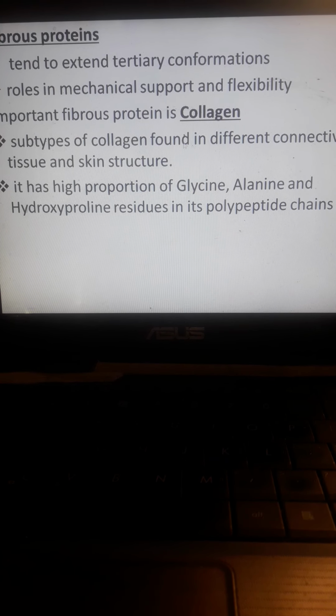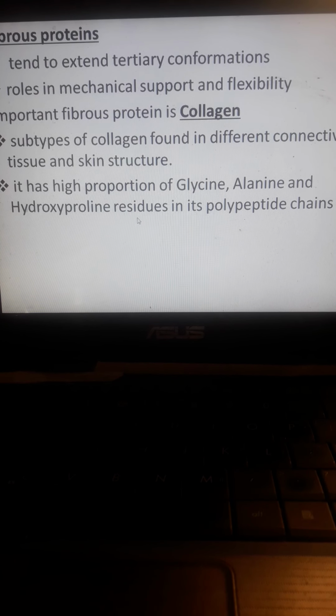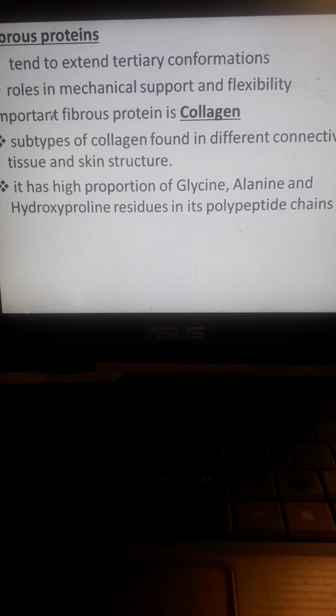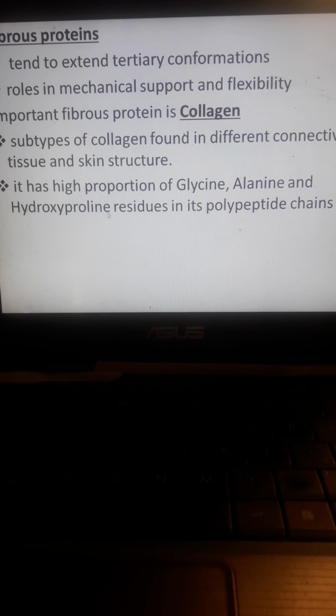So subtypes of collagens, usually connective tissues and skin structure also. The keratin there. Okay, it has a proportion of glycine, alanine, hydroxyproline residues in its polypeptide chain. So high proportions ng mga fibrous proteins includes glycine, alanine, and hydroxyproline.